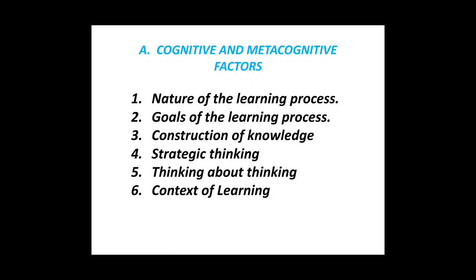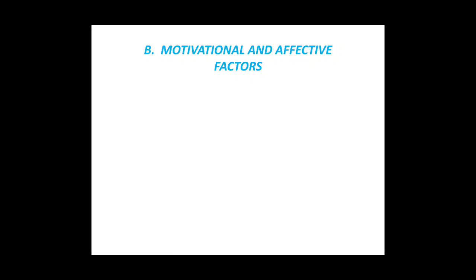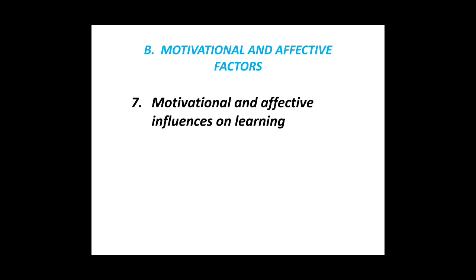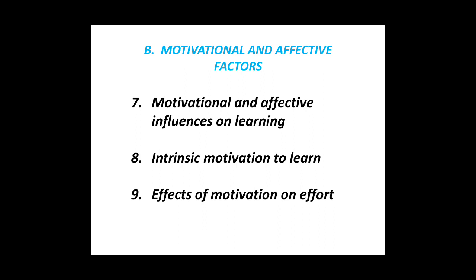Ang susunod na category, no, the next category is the motivational and affective factors. Under this category, we have the following principles. Motivational and affective influences on learning, intrinsic motivation to learning, and effects of motivation on effort.